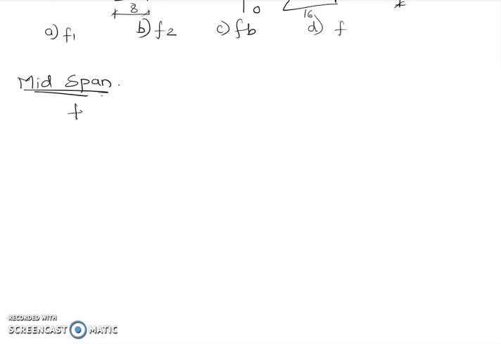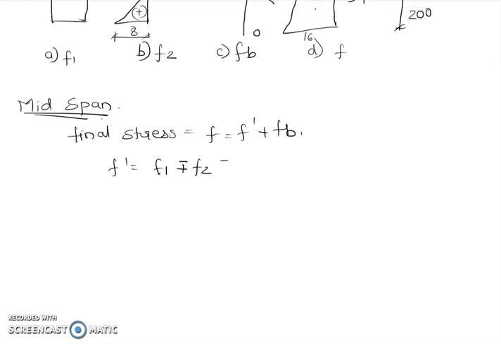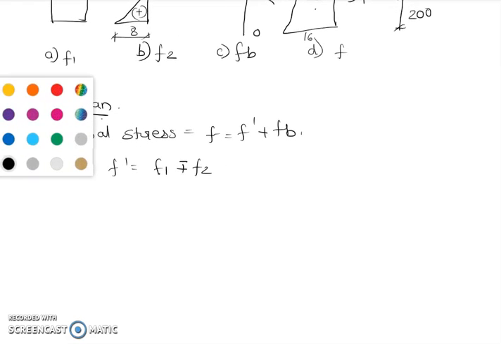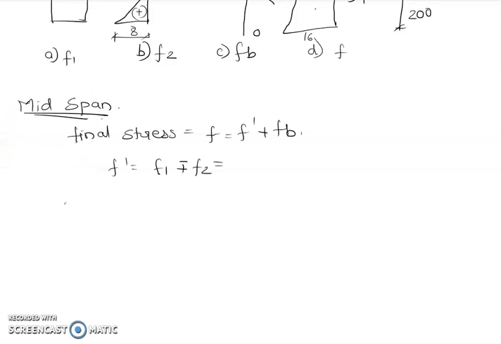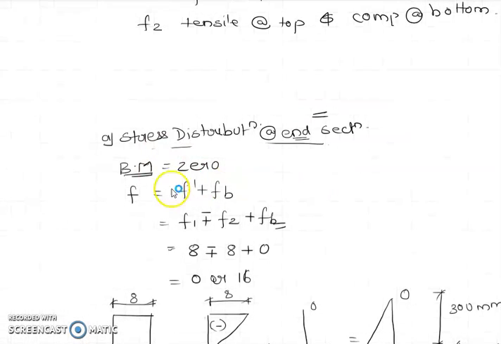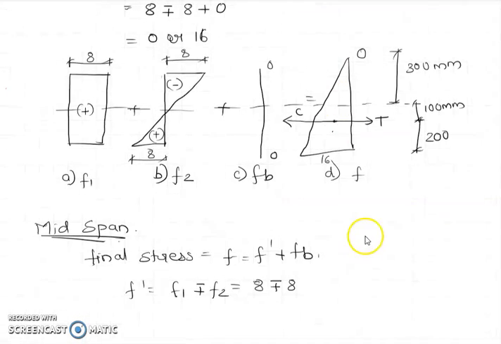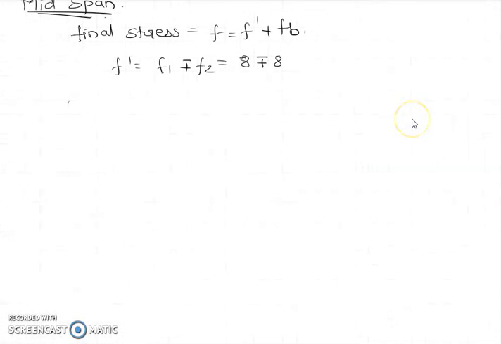So at midspan, again the equation for final stress is F equal to F dash plus FB, where F dash is F1 minus or plus F2, which is going to remain the same as the previous one, which is equal to 8 minus or plus 8. So I am not solving it again. F dash remains the same as what we have done in part A.